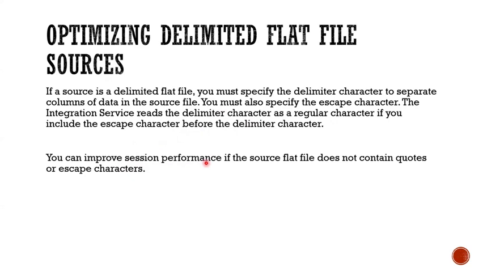If the source file doesn't contain a quote or escape character, that you also need to cross verify. So you need to compare at session level in the advanced properties. All the properties are there, and you can update them according to your requirements. By configuring those things, you can also optimize your mapping. Moving on to the next.